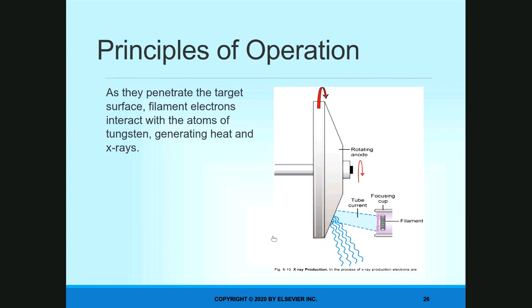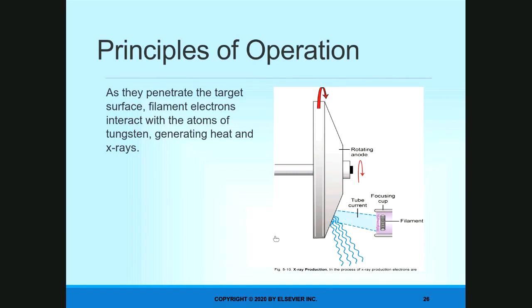And the two types of interactions that take place at that particular time is all of chapter 6. It's basically characteristic interactions and Bremsstrahlung interactions, meaning there's two different interactions that take place at that target to create the radiation.